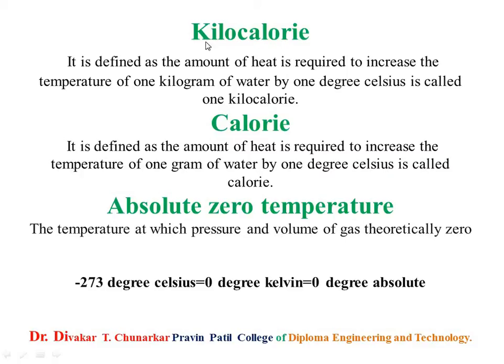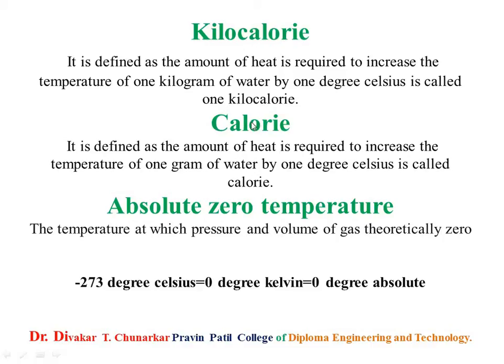In the definition of kilocalorie, it is only kilogram; you have to remember this. And in calorie, it is only gram. Keep in mind this slight difference between the kilocalorie and calorie definitions.